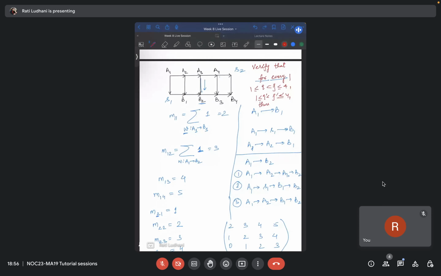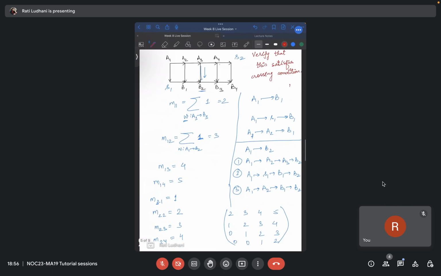Okay, I'll just write: verify that this satisfies the crossing condition. Actually you can easily see. Just check if there is a path which can cross, there will always be a crossing. You can check it.